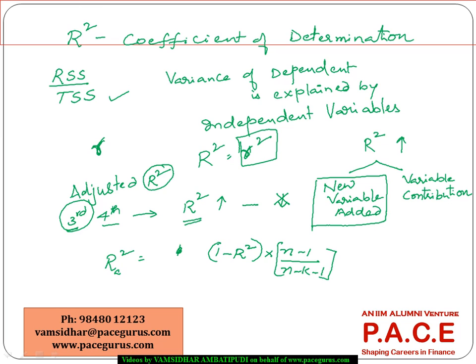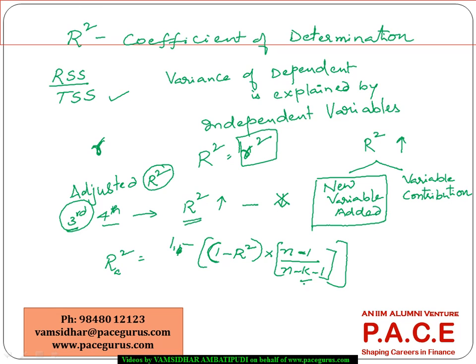See, the unexplained variation you are adjusting by multiplying with the total degrees of freedom and dividing by the residual degrees of freedom. Whatever value comes out is the updated unexplained variation percentage. You do a 1 minus of it, and this becomes the adjusted explained variation percentage. That is what comes out as adjusted r squared.